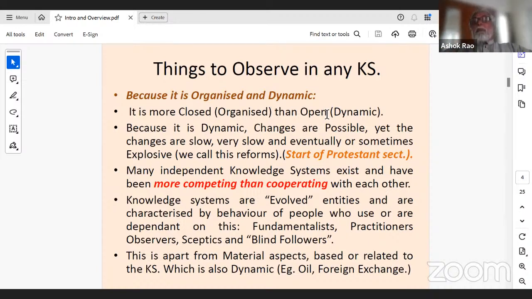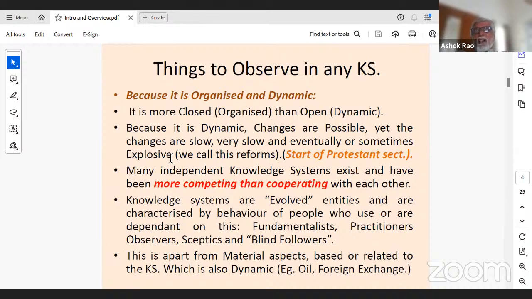Because it is dynamic, changes are possible. Changes are possible only if the system is dynamic, but it can be slow, sometimes very slow. And eventually, because it's very slow, it becomes so irritating, it becomes explosive. For example, take the case of how Protestantism emerged.